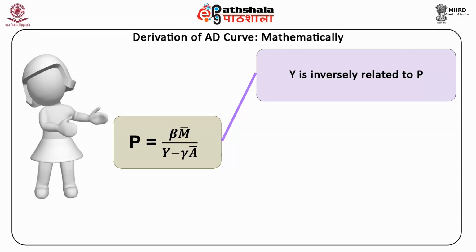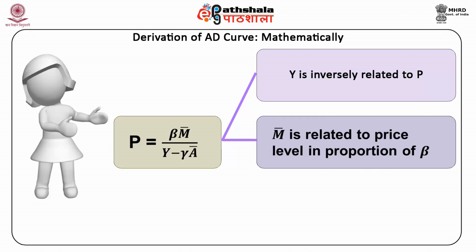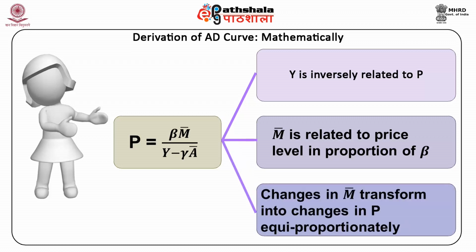Nominal money stock, that is M, is related to the price level, that is P, in proportion of the parameter β. Thus, changes in nominal money stock will transform into changes in the price level equiproportionately.